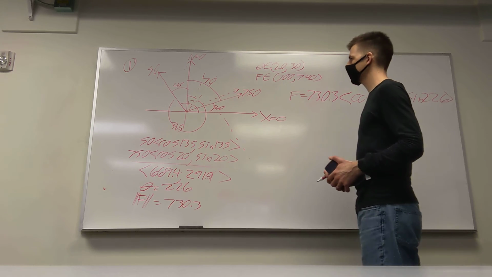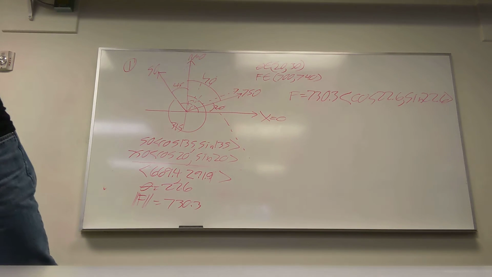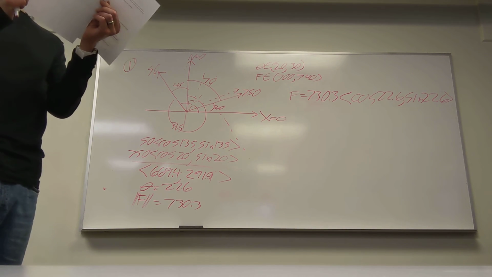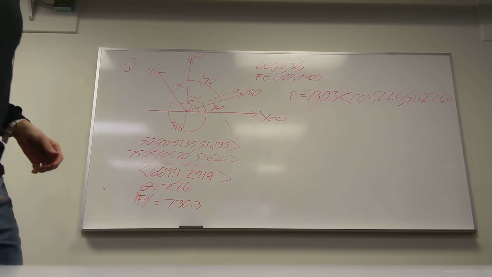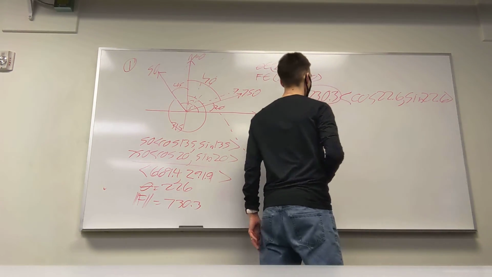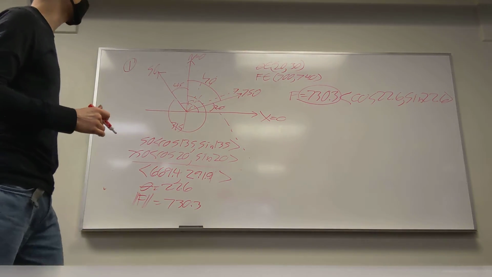Now I wanted the bearing though, right? It's asking for ground speed and direction. So there's our ground speed, 730, you just round off. And then my direction in terms of the unit circle is 22.6.